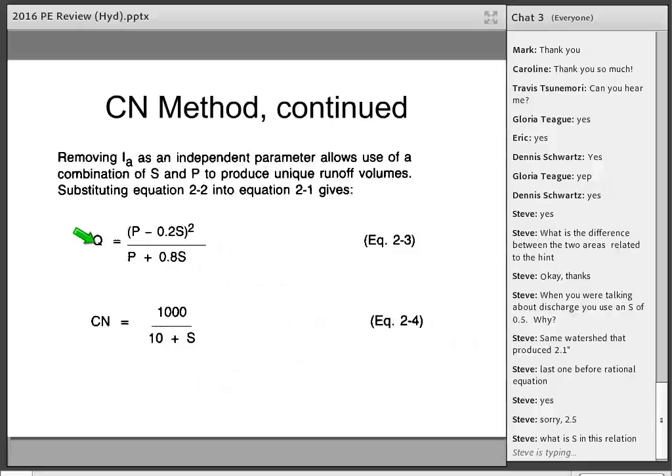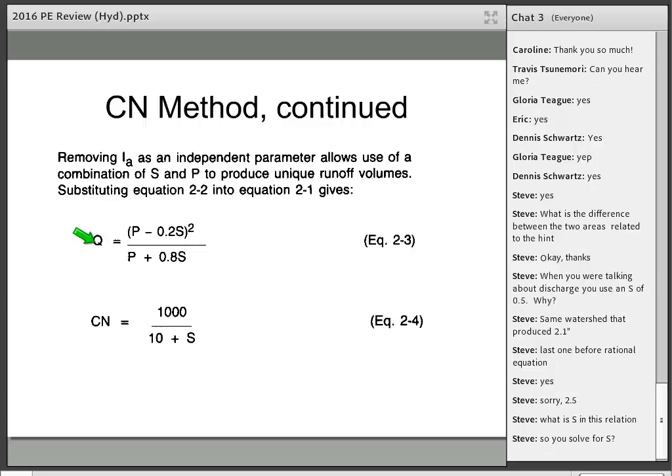See, if the curve number is 80, I'm just going to back calculate here for a second, because now you've got me curious where that came from too. I'll walk you through it in just a second, as soon as I satisfy myself that I know what I'm doing.